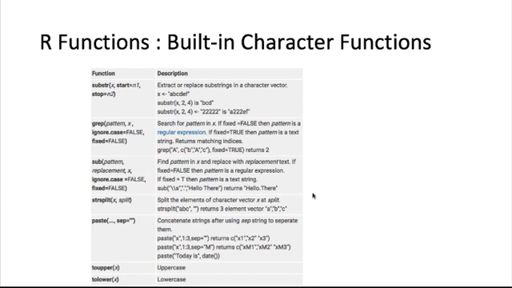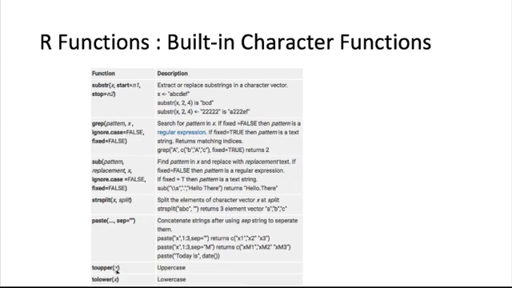Another category of functions that you find in R are character functions. These are functions that are going to operate on characters. Say, for instance, you wanted to convert letters to uppercase. Those letters are strings, right? So you need functions that operate on those characters. One such function is toupper.